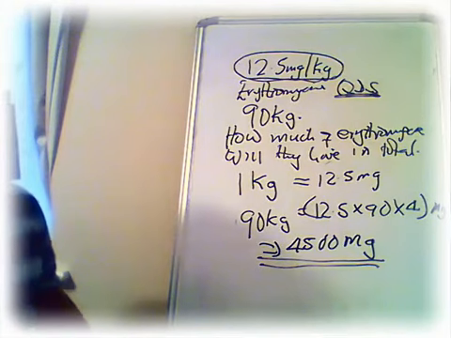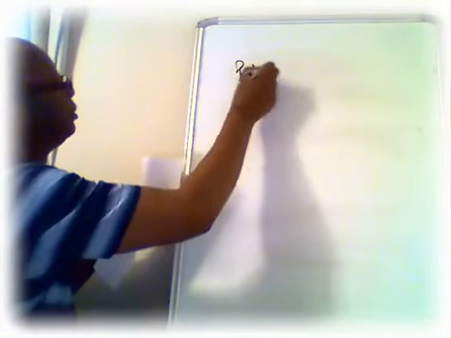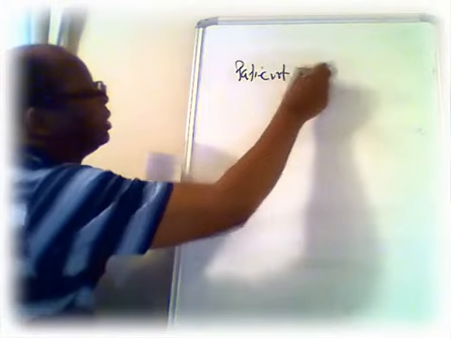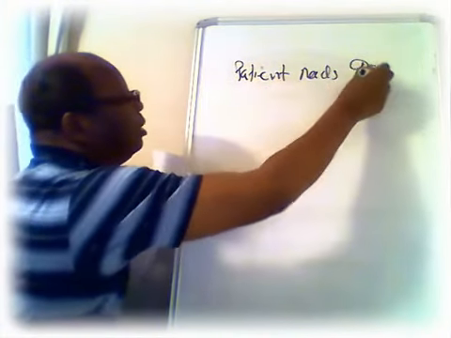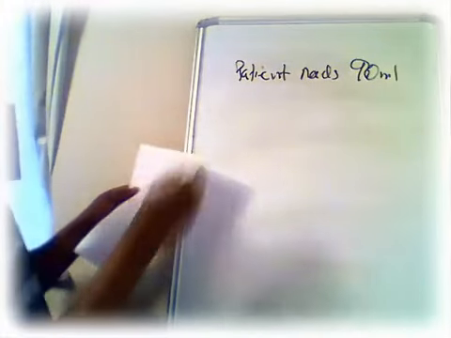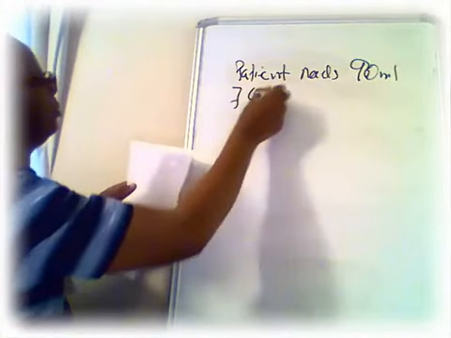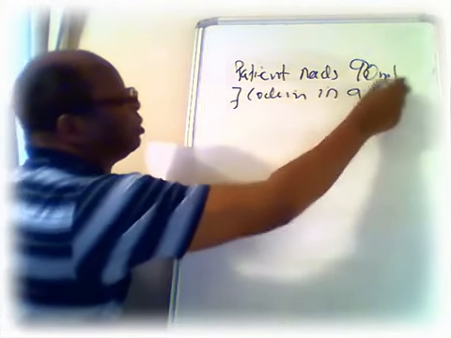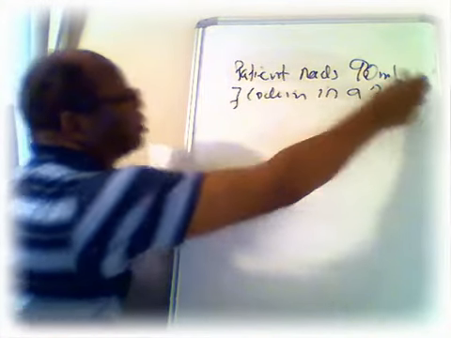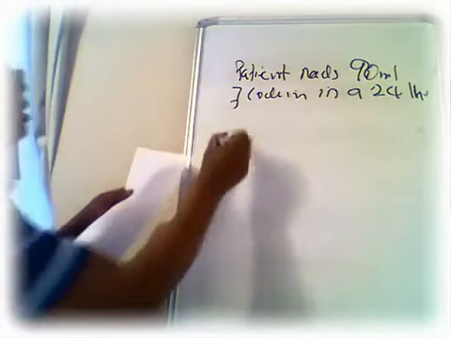Okay, let's look at the next question. Now, the next question says a patient needs 90 mils of codeine in a 24-hour period. Okay.